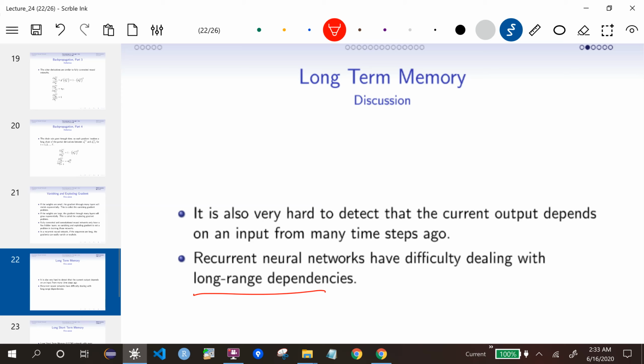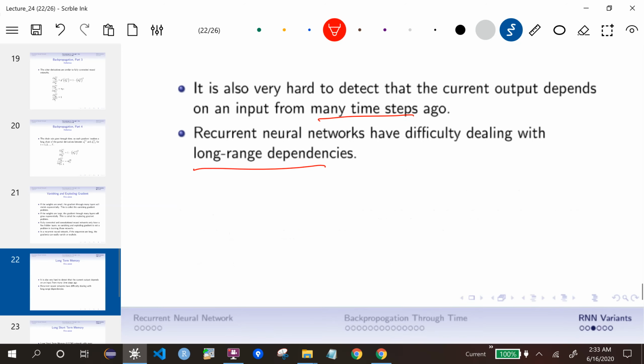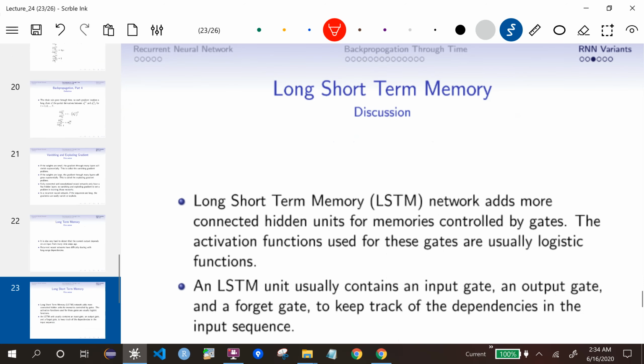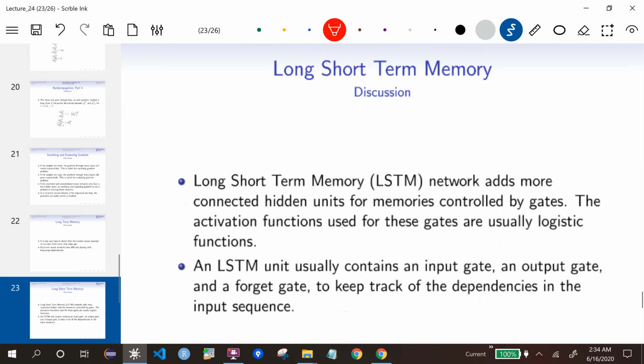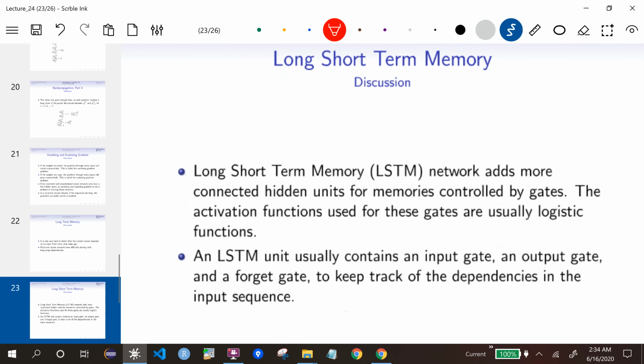So we need some kind of mechanism to keep track of the things that occurred many time steps ago. So combining these two problems, the very, very popular solution that I will just tell you the name is the long short-term memory units added to the recurrent neural network.